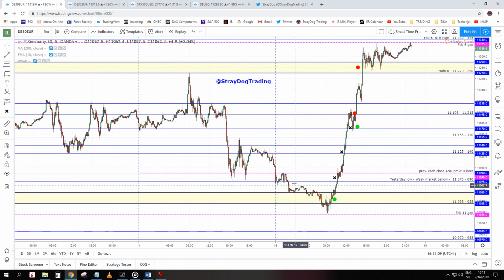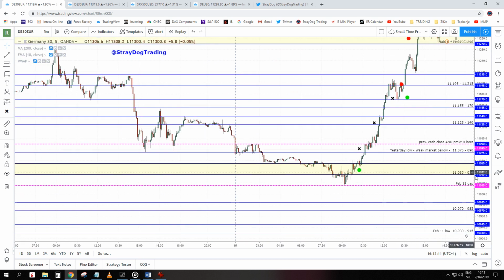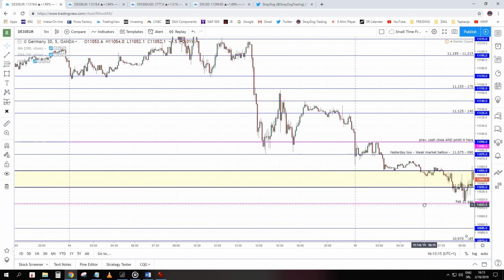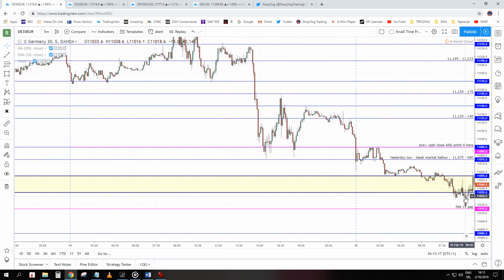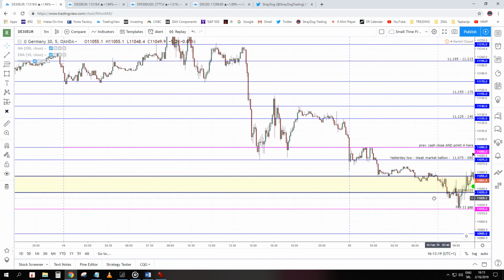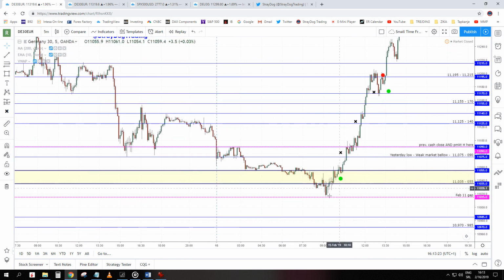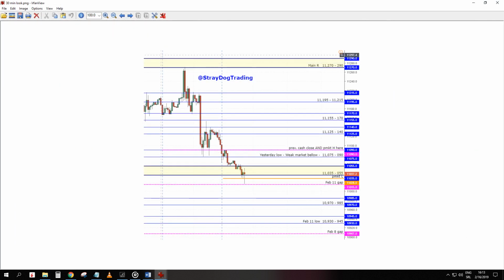And when you look at it, as many times, don't get married just to the one time frame. You see how this is looking on a 5-minute chart, pretty indecisive. That is why you should look at it on many time frames, because at that time this same picture on a 30-minute chart was looking like this. See how big the difference is.